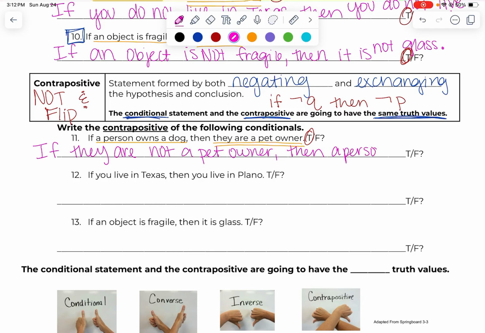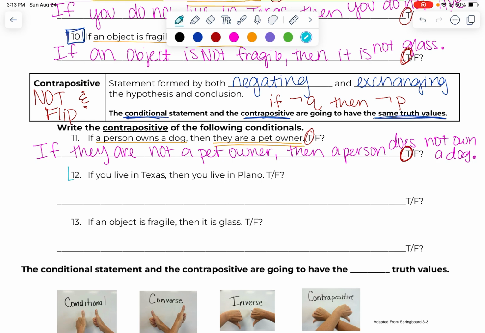So then a person does not own a dog. So if they are not a pet owner, then a person does not own a dog. Is this statement true or is this statement false? Remember, it should have the same truth value as the original, so this is true.